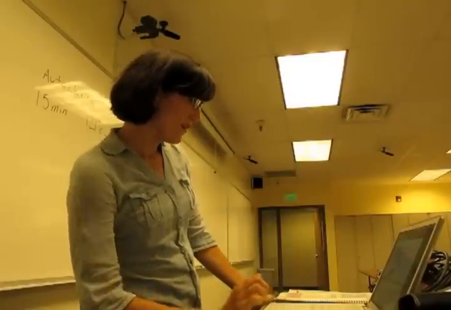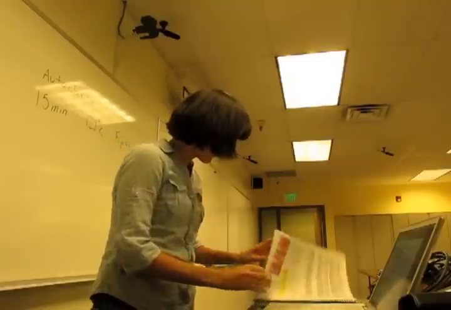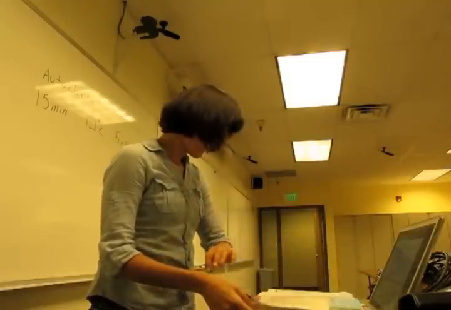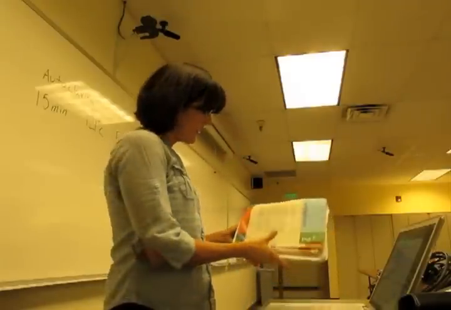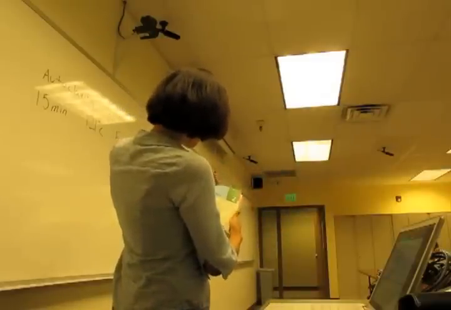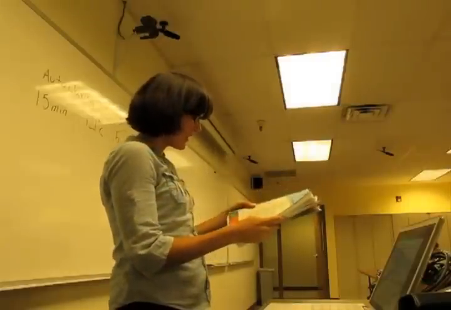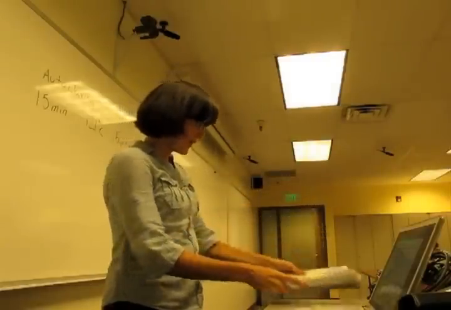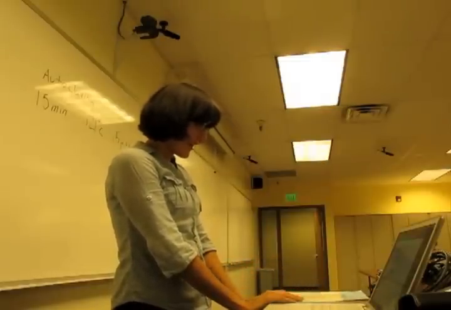Okay, so what is agar made of and why do we use it? It's made of seaweed, and the page before Lab 3, Part 2 talks about how Robert Koch originally used gelatin and found out that it wasn't very stable.